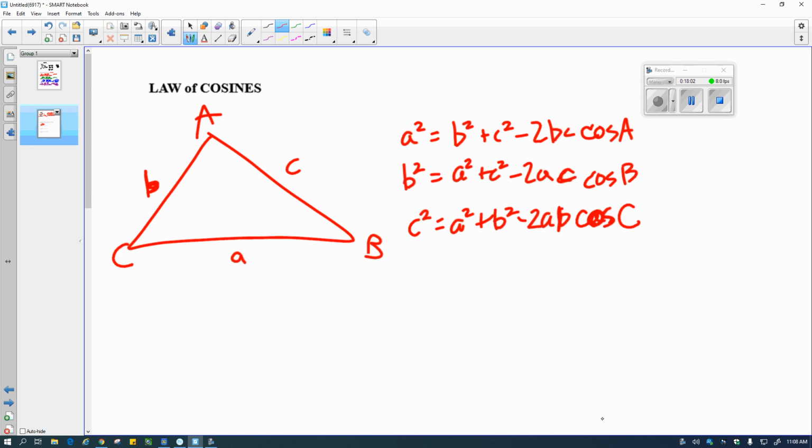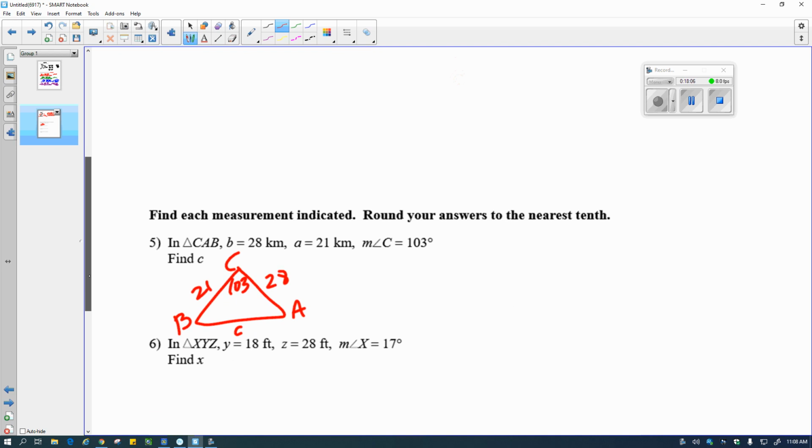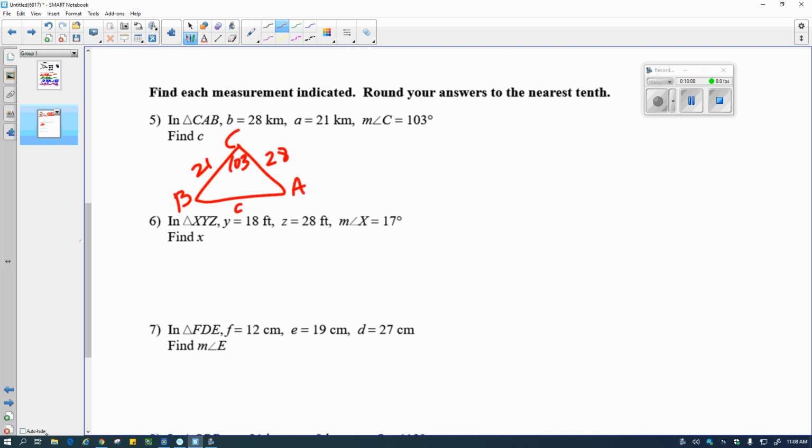So let's go back down to that picture that we drew already, and we can go ahead and set it up. I'm looking for side C, so C squared is what's going to go on that far left-hand side. And that means cosine C has to be the far opposite side.